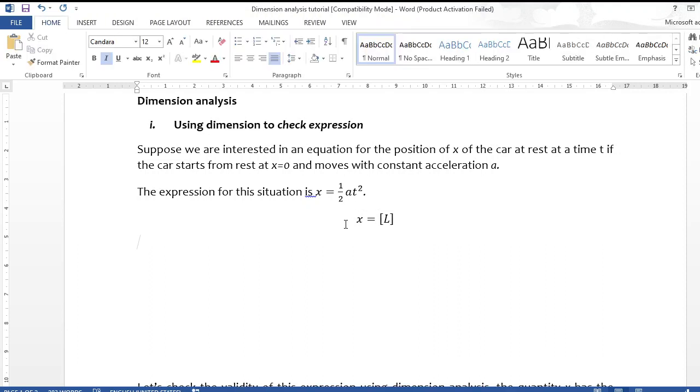And we are also given a. a is acceleration.